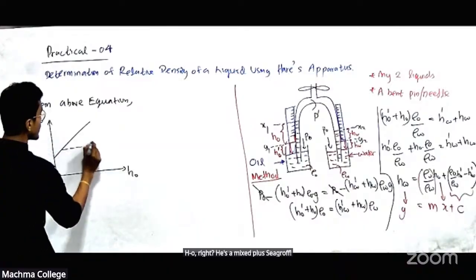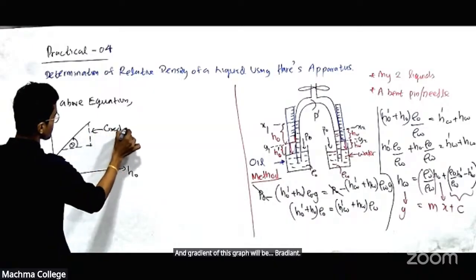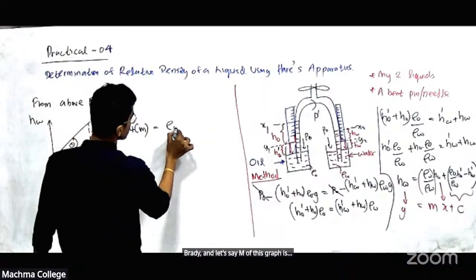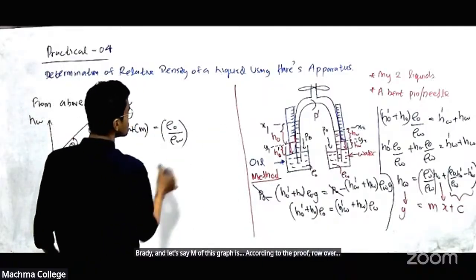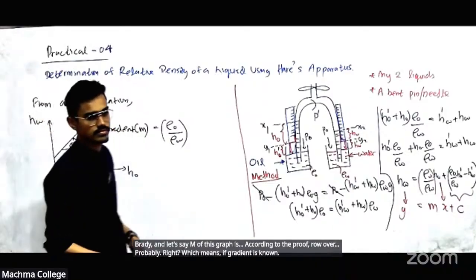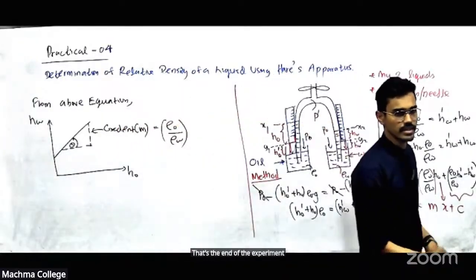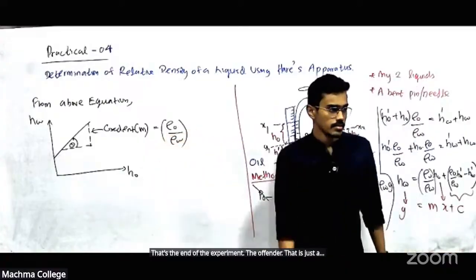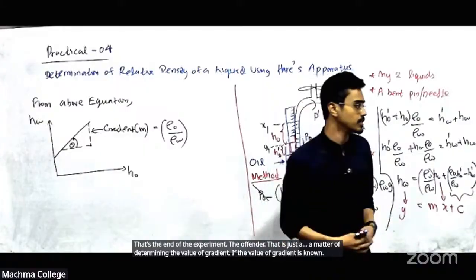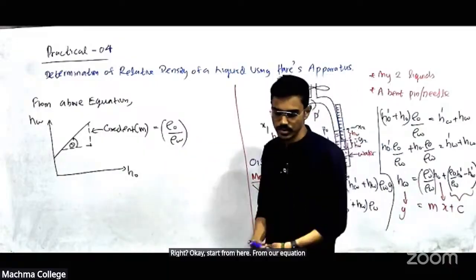And the gradient, let's say m of this graph, is, according to the proof, rho over rho w. Which means if gradient is known, this is known. Once the graph is plotted, that's the end of the experiment. Graph anything, that is just a matter of determining the value of the gradient. If the value of gradient is known, relative density is known. Okay, start from here, from above equation, and then come up to here.